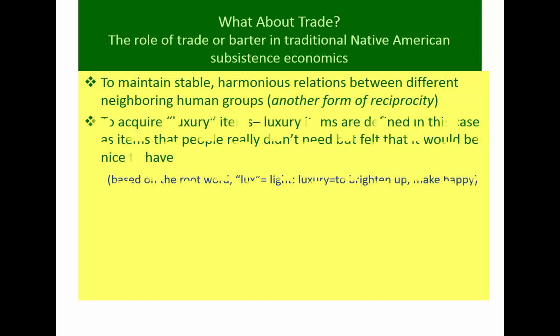And then the other reason is to kind of brighten up your life. It's a new definition of the word luxury, to acquire luxury items, coming from the Latin root lux, which means light or to brighten up.